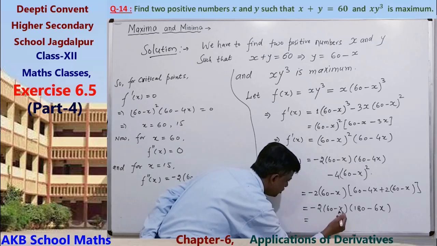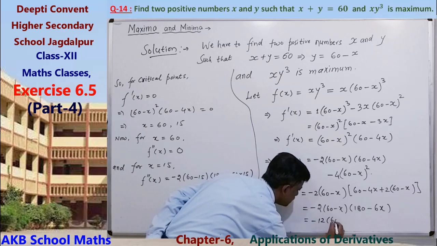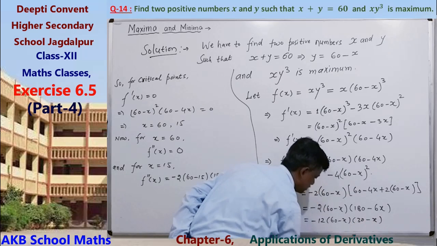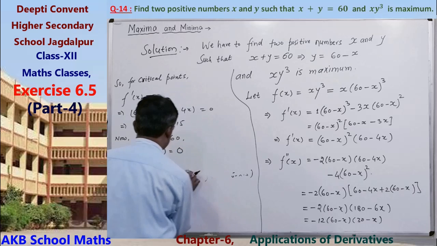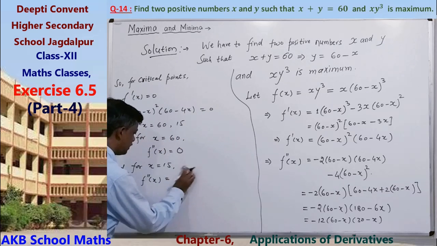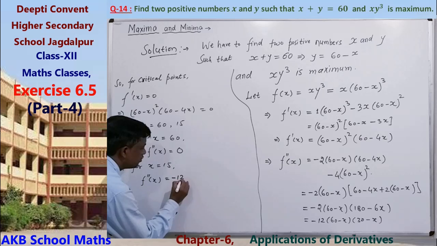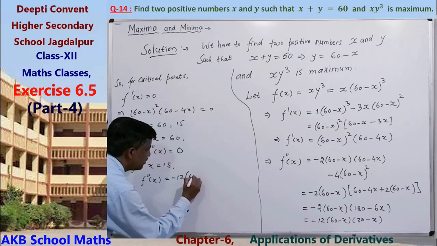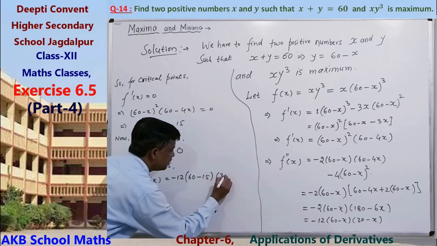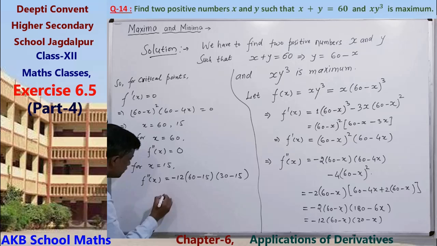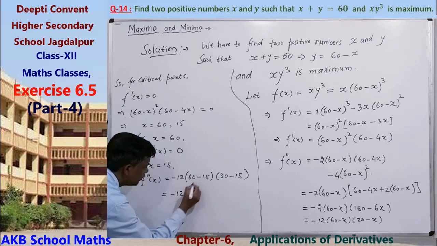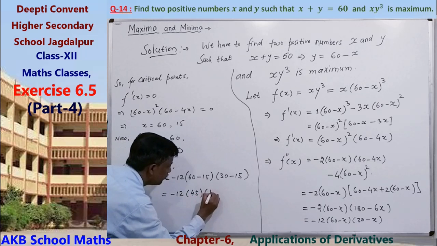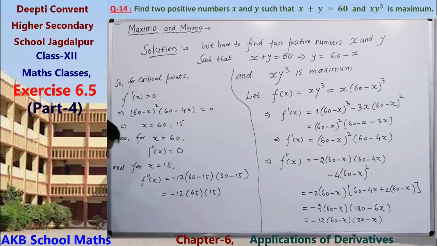Taking 6 common, minus 12(60 minus x)(30 minus x). So using this here, minus 12(60 minus 15)(30 minus 15), equals minus 12 into 45 into 15. So this has a minus sign, less than 0.